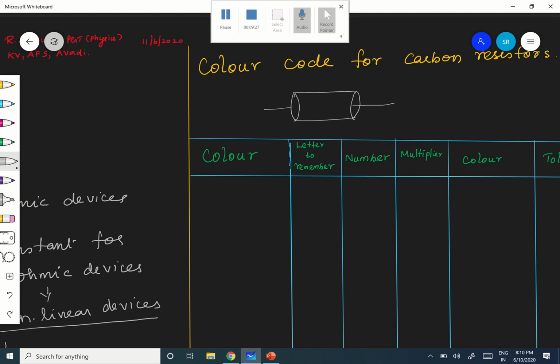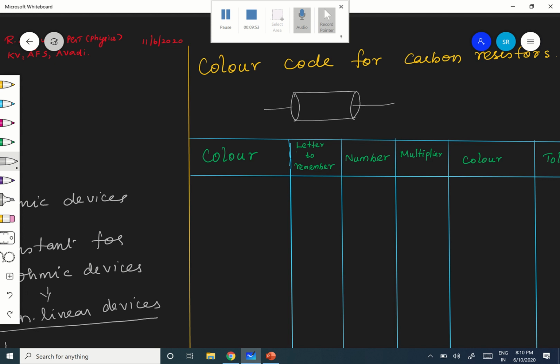Therefore, the shape of the carbon resistor will be like this. But how do we know the value of the resistance? It is commercially used vastly because it is very small, compact, and also very cheap.